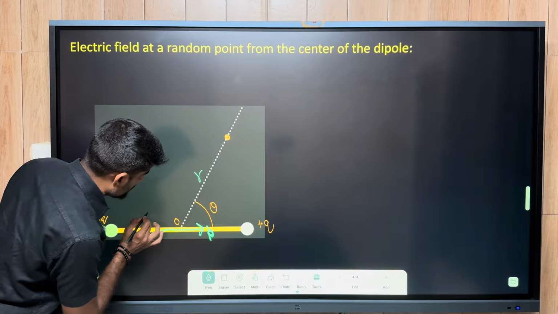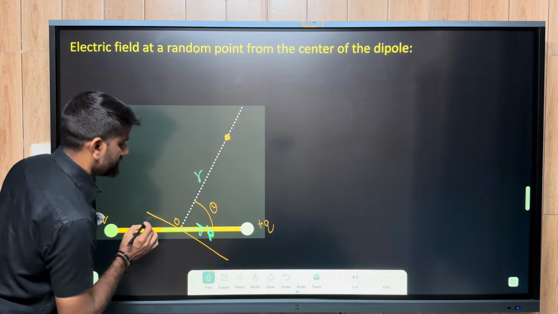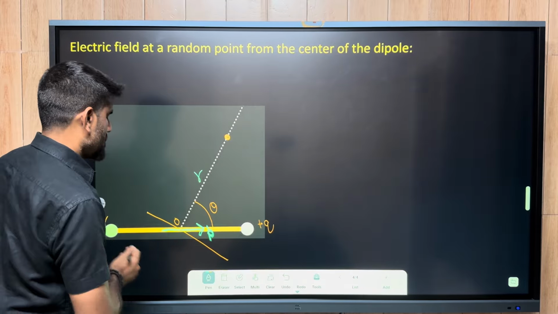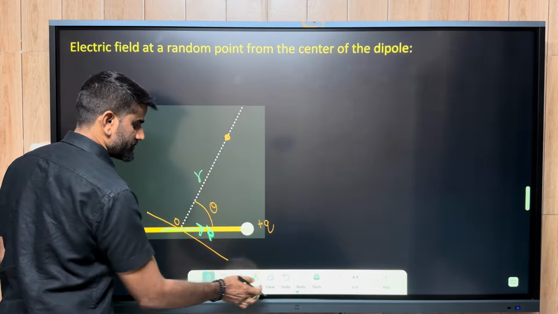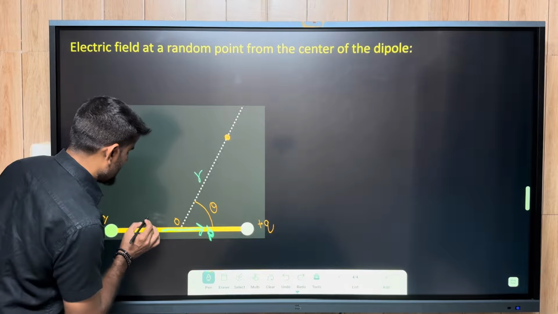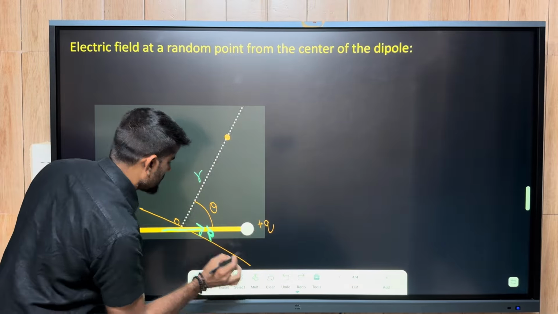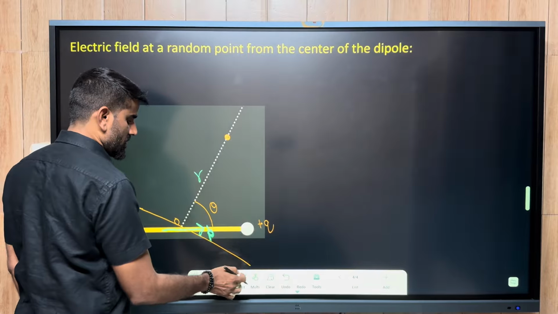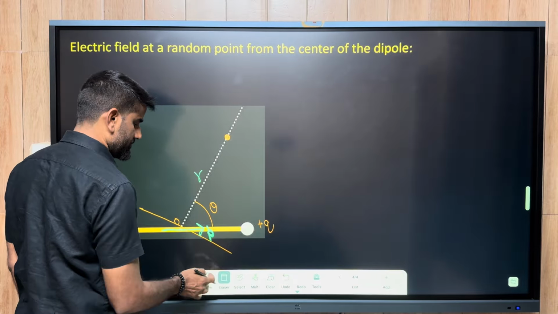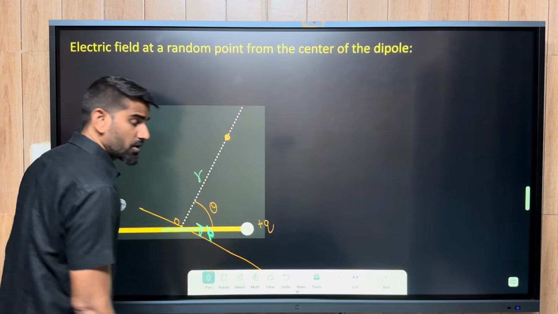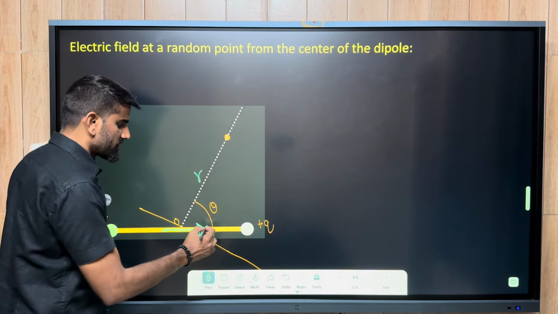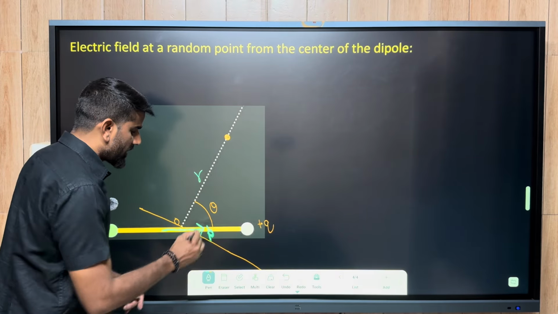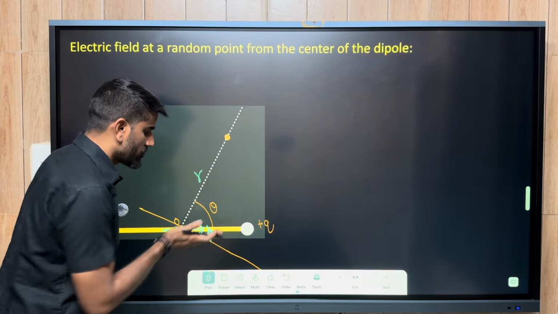Let us suppose I'm going to draw the line here, like this. Now, when you look at this dipole moment, it can be resolved into two components.